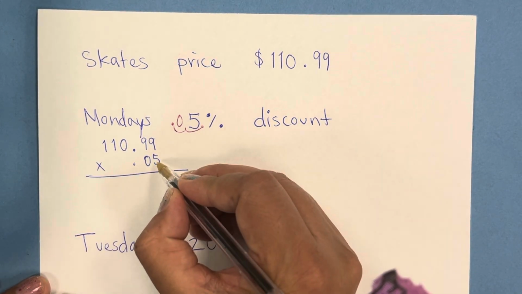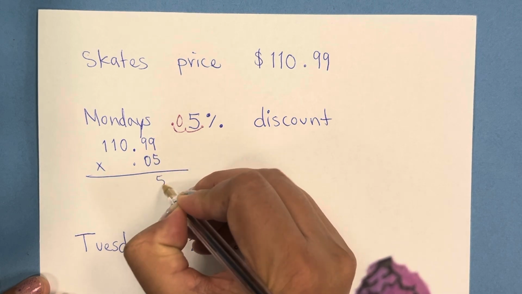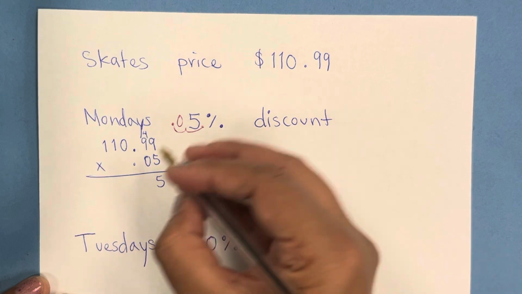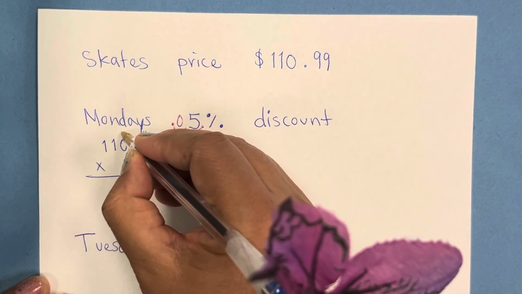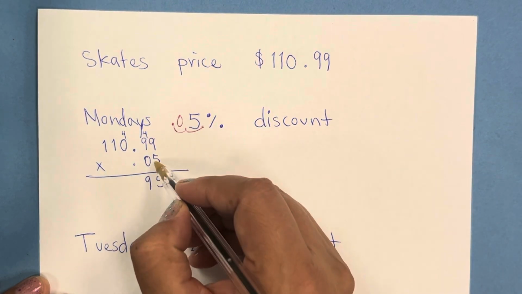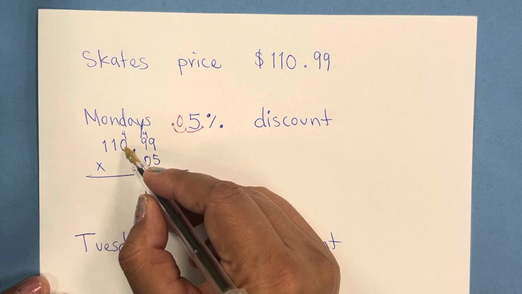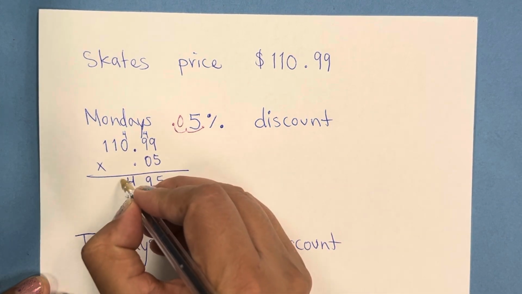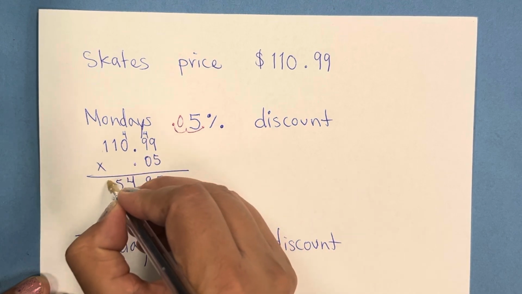and then you multiply 5 times 9 is 45, carry 4. 5 times 9 is 45, plus 4 is 49, carry 4. 5 times 0 is 0, plus 4 is 4. 5 times 1 is 5. 5 times 1 is 5.